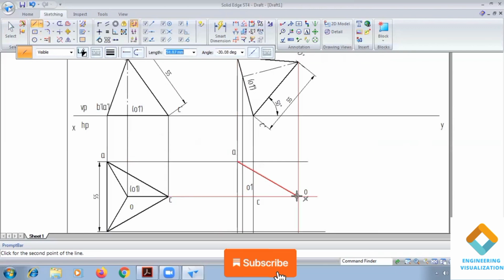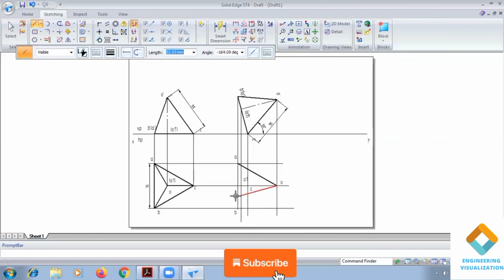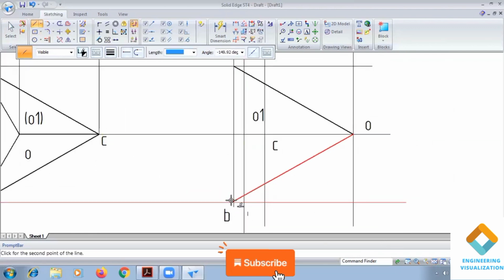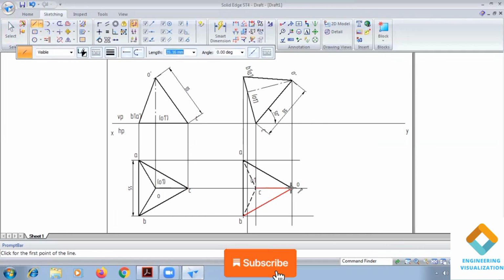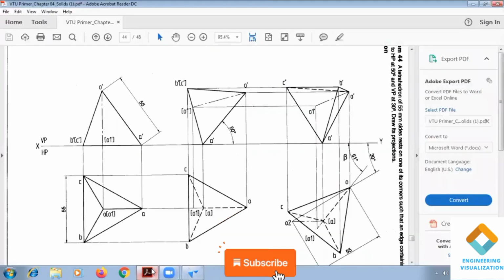In the second position top view, we follow the same steps. So zoom in to get the exact point here. Okay, construct the dashed line as it is in the question.